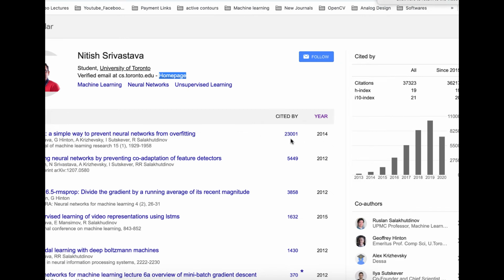And you can see the amount of citations people have given this work: 23,000 citations. And the work was done during his bachelor's or, I think, the first years of his master's.